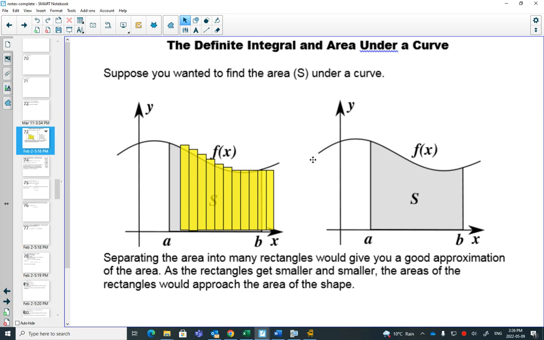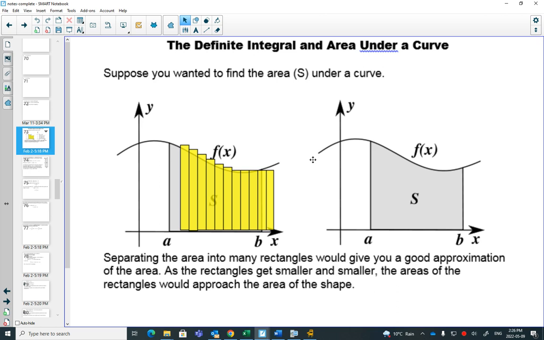Here we have what looks almost like a sine or a cosine graph. If you wanted to find the area represented by the shaded region S, it would be hard because you have a curve. Here's the idea of calculus: here my rectangles are not very lined up, but if they were lined up like they are in your notes, figuring out each of those rectangles would not be hard, because the area of a rectangle is length times width.